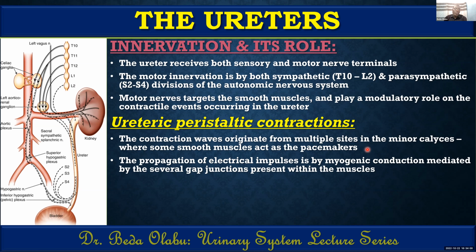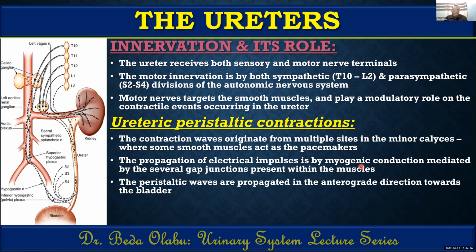Why? Because the muscles are interlinked with several gap junctions between them. And so we have a lot of electrical synapses between the musculature of the ureter. Now, imagine that as a wave. It started from up within the minor calyces. It will follow through in an antegrade direction all the way to the urinary bladder.